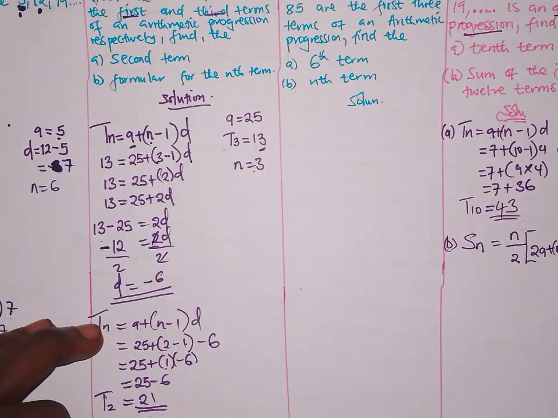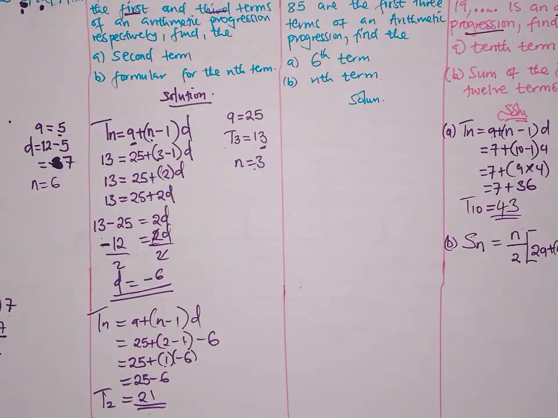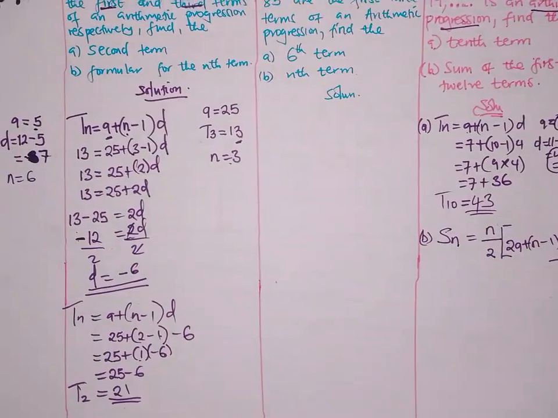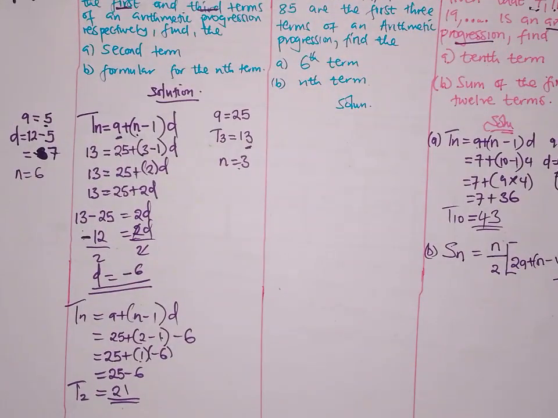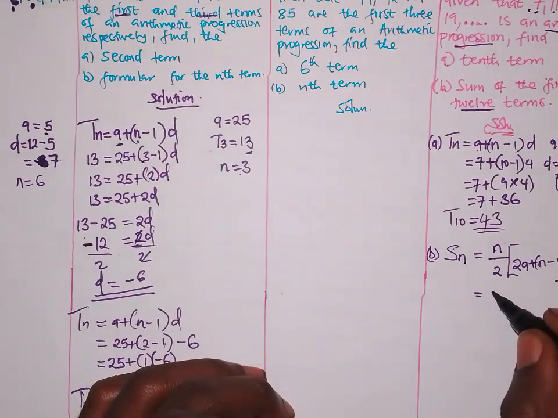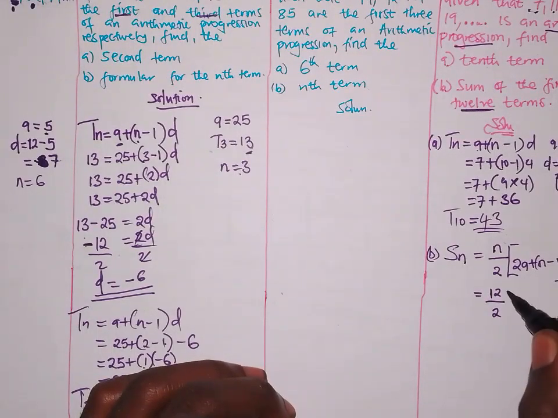I told you that the only thing you add to the formula for sum is n divided by 2 and 2a. That's all. Here again, we know everything. We have our n, which is 12. So you say 12 divided by 2. We have our first term, which is 7. Then plus n, which is 12 minus 1. What is our common difference? We solved it to be 4.